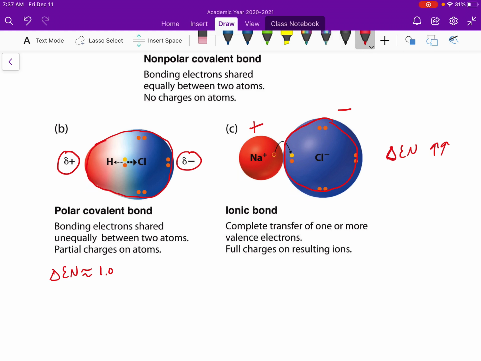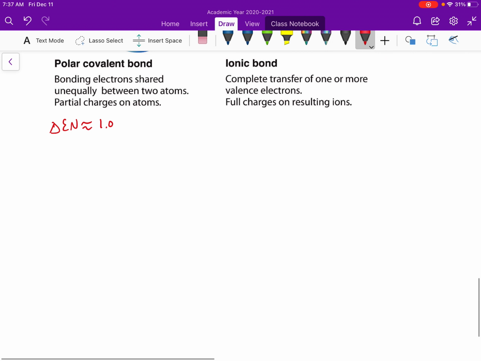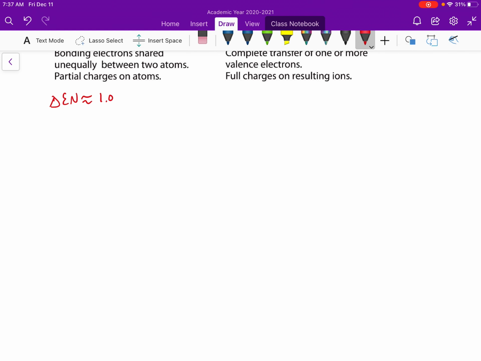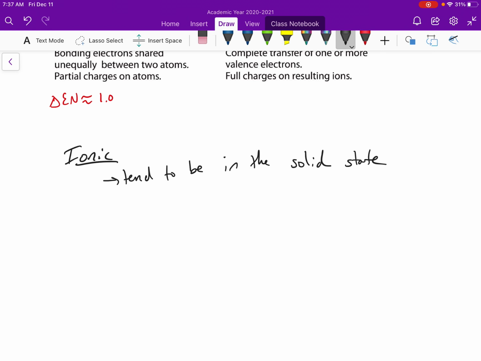Again, why does that matter? Why do we care, right? So this is what happens, okay? When you have something ionic, they tend to be in the solid state of matter, like salts, crystalline salts.